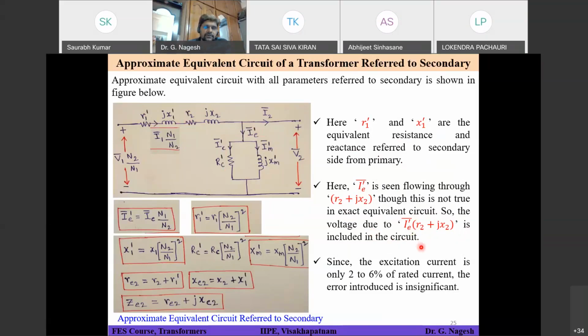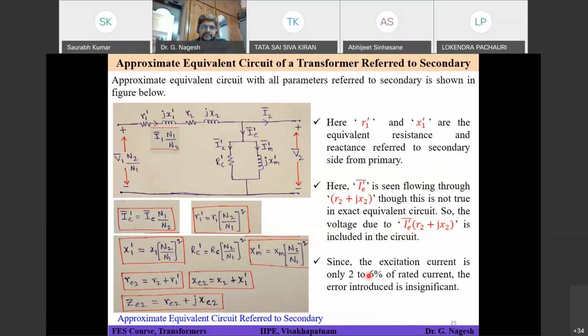So an extra voltage drop is included in your circuit. That voltage drop is Ie dash into R2 plus jX2. This is the error you get if you use the approximate equivalent circuit.